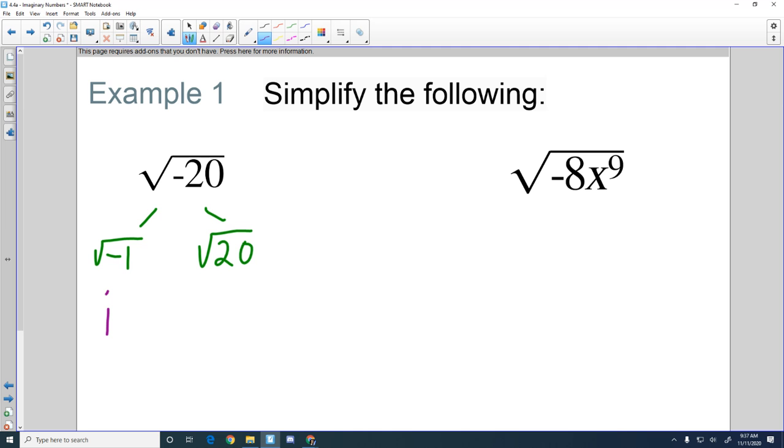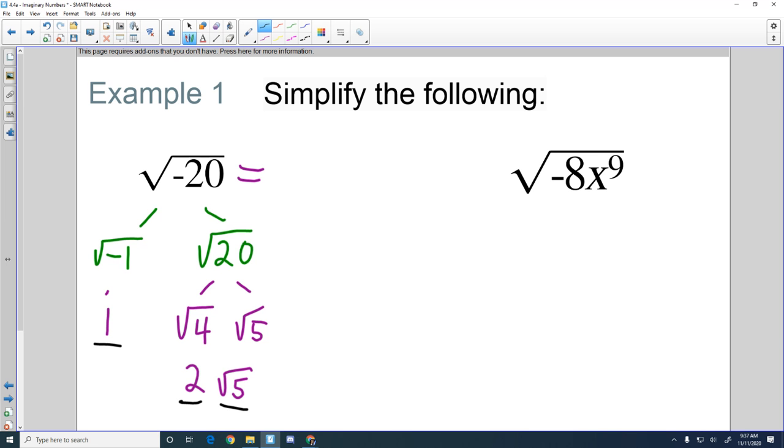Now the square root of 20, we're going to break down the same way we've always been simplifying radicals. We can say that's 4 times 5, and the square root of 4 is just 2. So we'd make this 2 root 5. Now when we put it all together, we have this i, a 2, and a root 5.